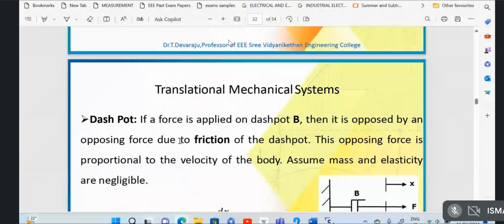A dashpot. If a force is applied to a dashpot B, then it is opposed by an opposing force due to friction or stiffness of the part. This opposing force is proportional to the velocity of the body, assuming mass and elasticity are negligible.